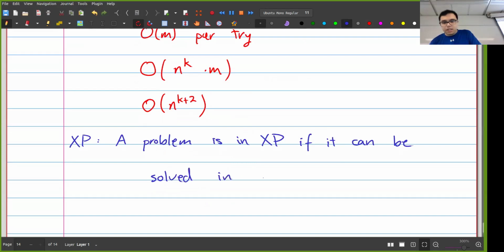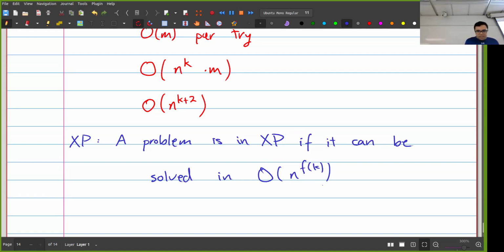It's solved in O(n^f(k)) for some function of k. Okay, and this f can be any function, any computable function. So basically, the idea is that I don't care what the dependence on k is, because I'm only caring about the real world instances where k is small. So I know that k is, let's say, at most 5.